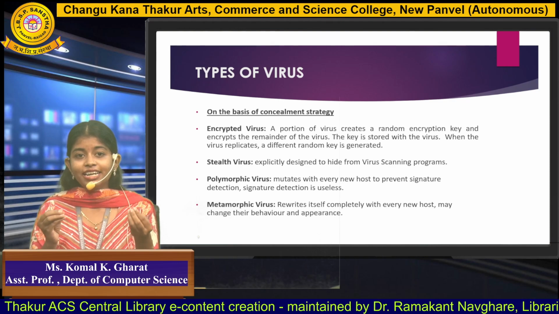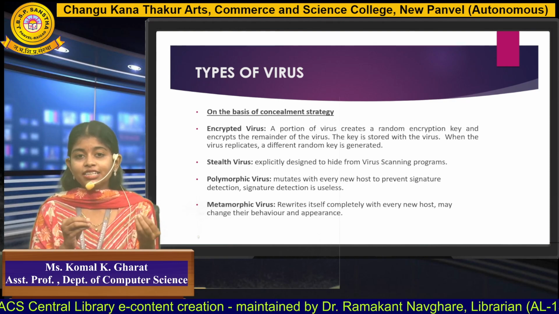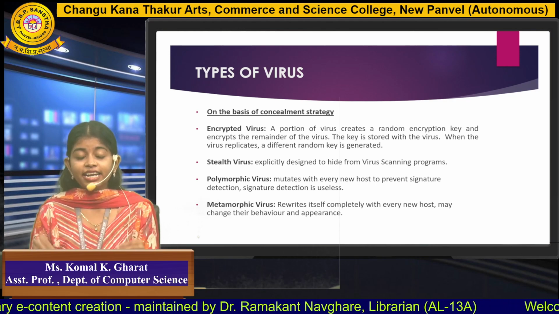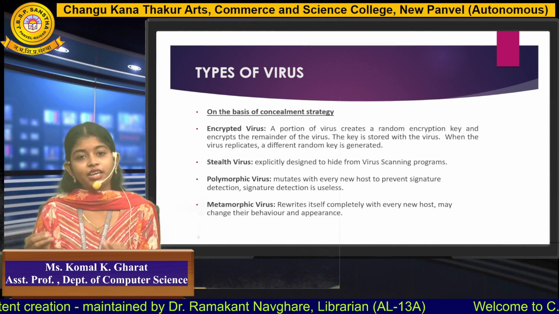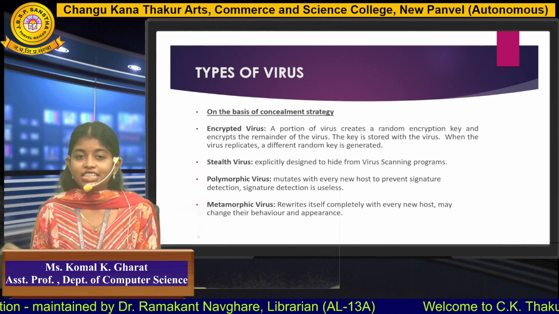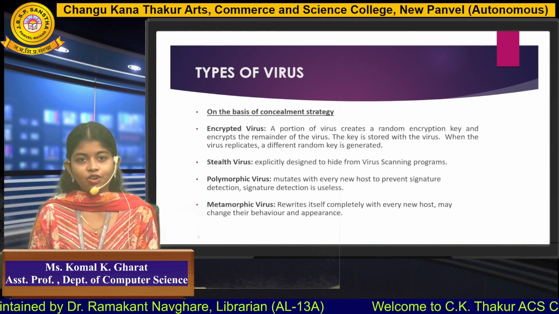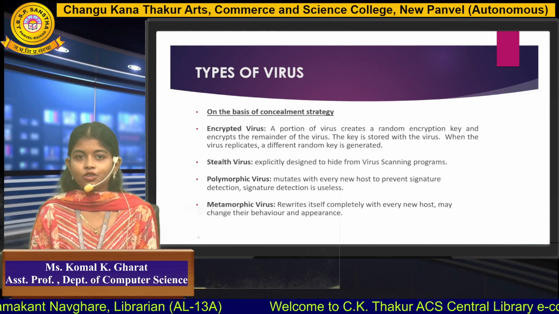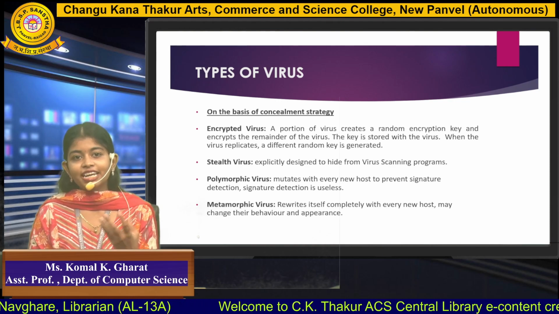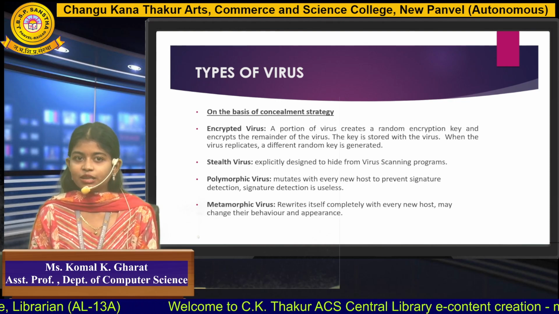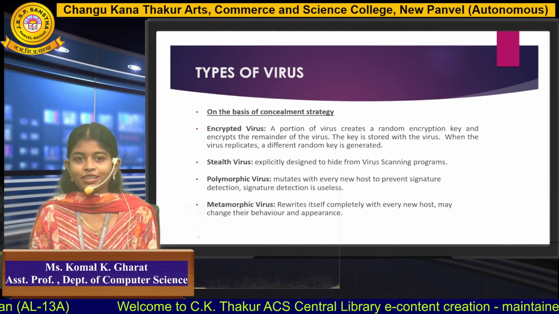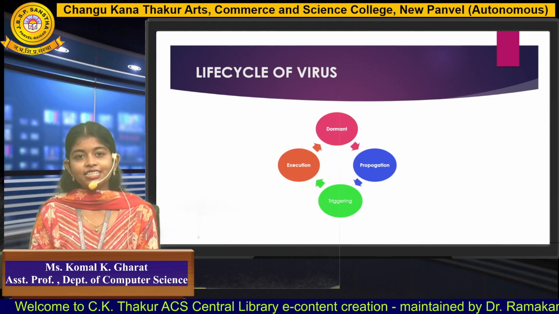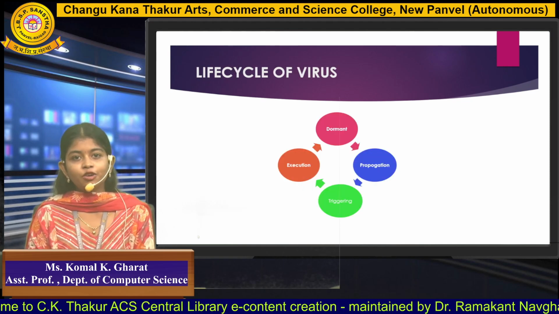Means in a polymorphic virus a few changes are there in the program, but in a metamorphic virus it entirely changes behavior and appearance. That's why it is the advanced version of the polymorphic virus. So on the basis of concealment strategy, there are four types of virus: encrypted virus, stealth virus, polymorphic virus and metamorphic virus. Then next we are discussing the life cycle of a virus.